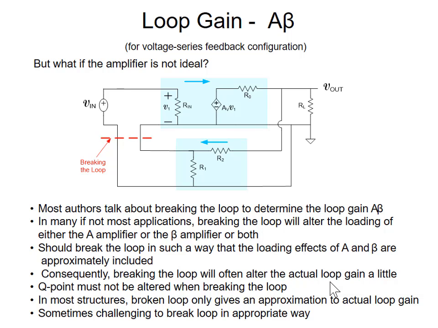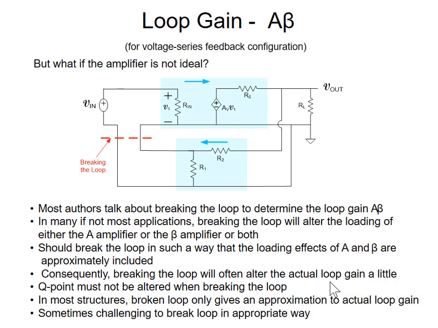In many, if not most applications, breaking the loop will alter the loading of either the A amplifier or the beta amplifier or both. So what we like to do is break the loop in such a way that the loading effects can be approximately included. We probably won't get this expression perfectly, but at least get a good approximation.